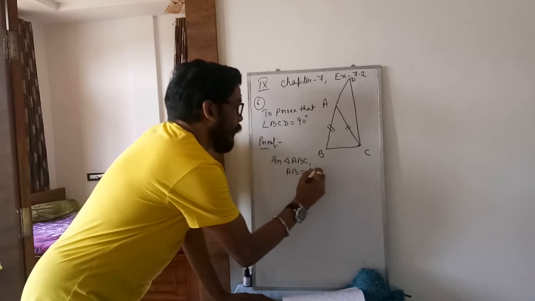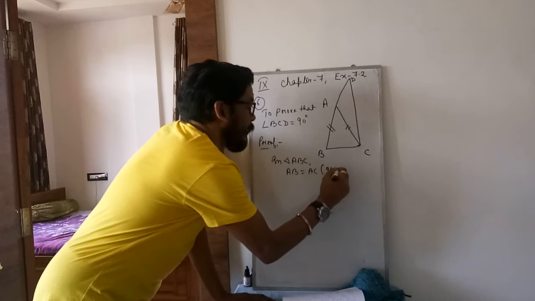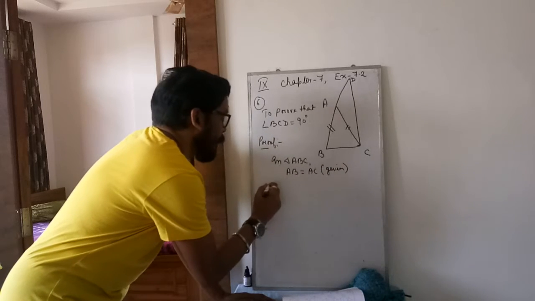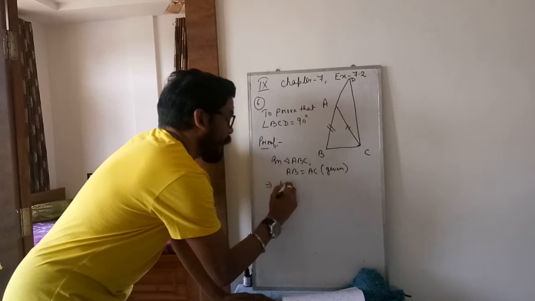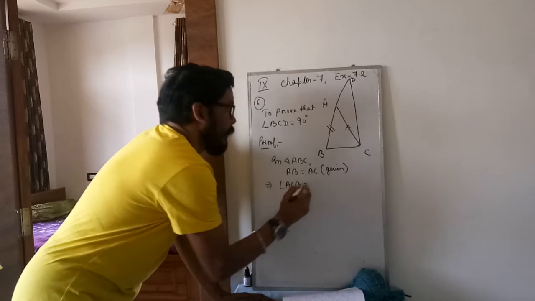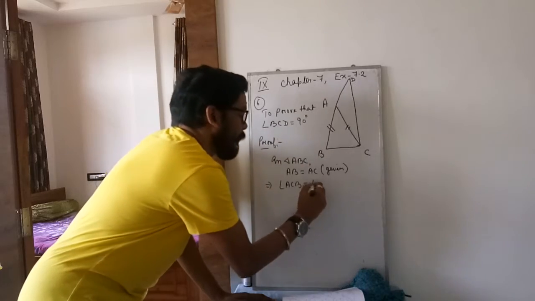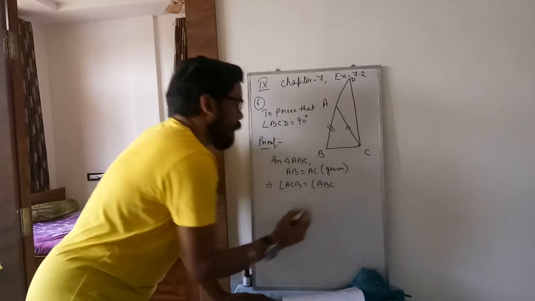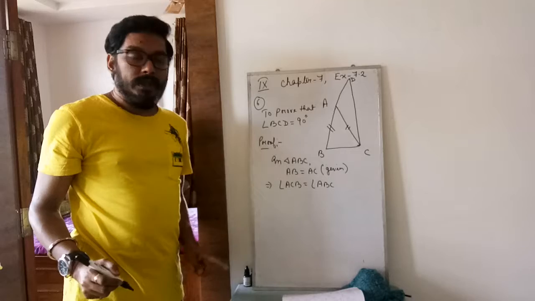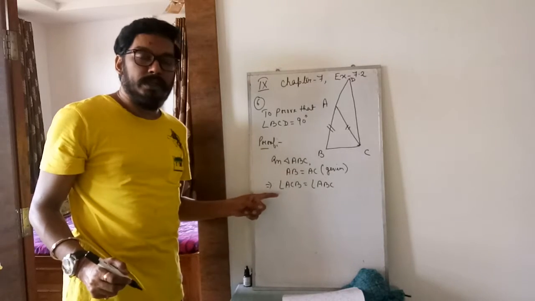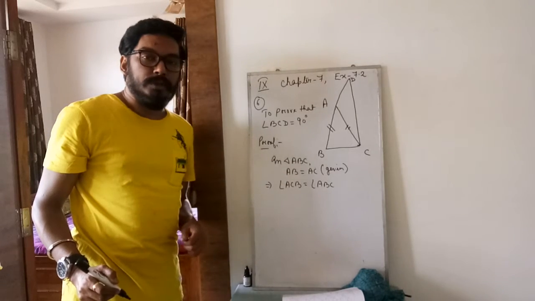AB equal to AC. In brackets you will write given. So AB opposite angle is C. So you can write here angle ACB equal to angle ABC, since side AC's opposite angle is ABC. In this triangle these two sides are equal, so their opposite angles are also equal.